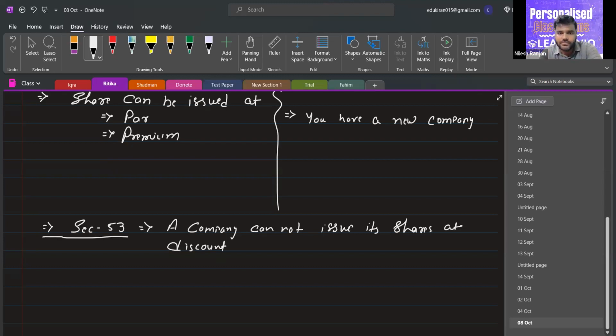So a company cannot issue its share at discount except under the conditions or situations given in section 54.